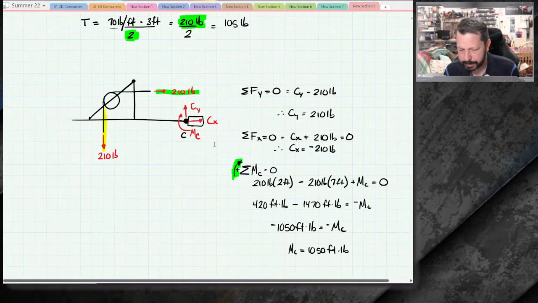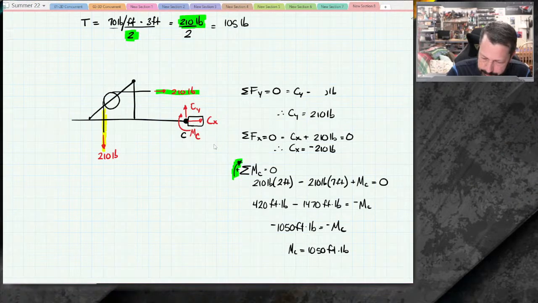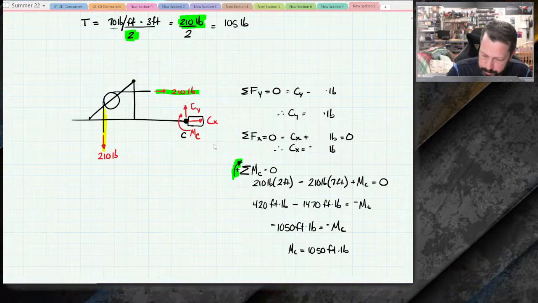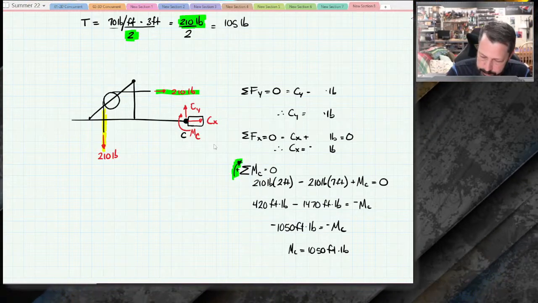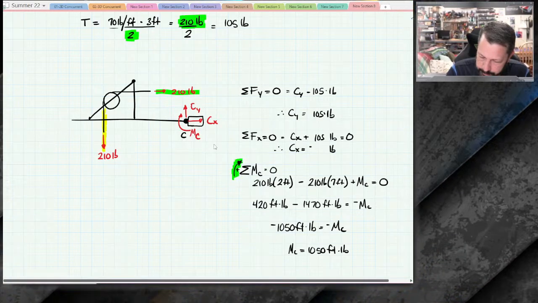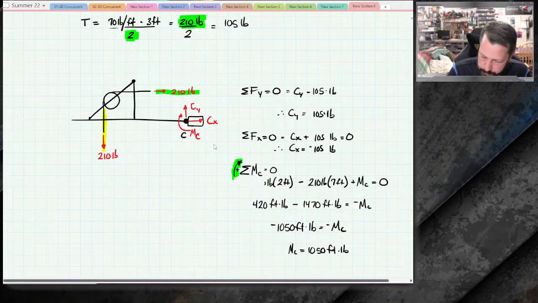So what that changes is all of these. Probably some of y'all were writing that down and saying eventually you'll figure it out. And so these 210s become 105s.